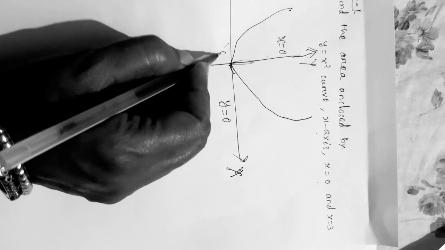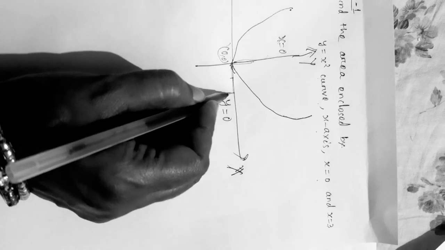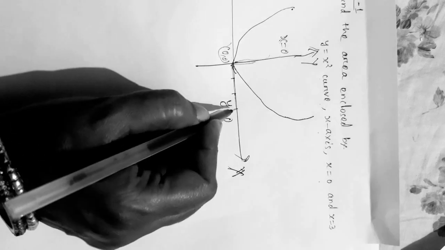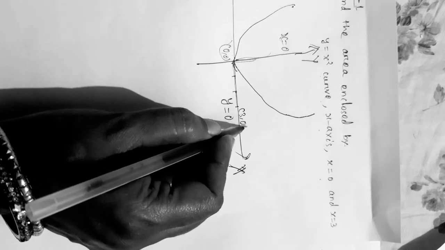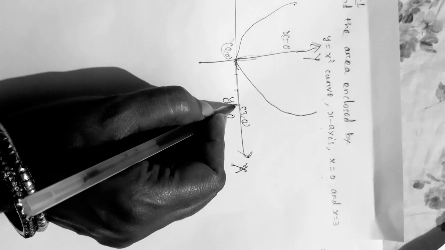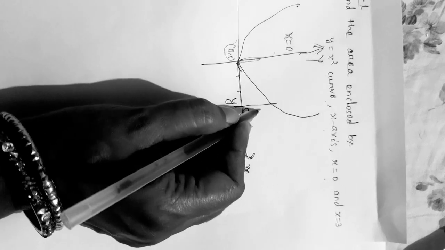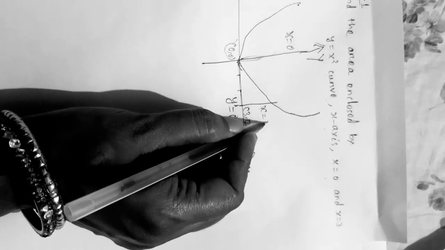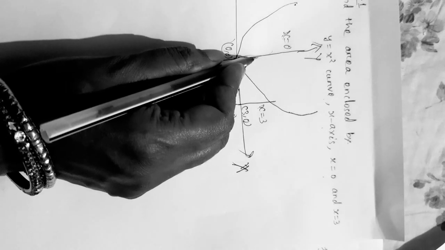This is your origin, whose coordinate is (0, 0). If this is 1 unit, this is 2 unit, this is 3 unit, then the coordinate of this point will be (3, 0), and the line through (3, 0) perpendicular to the x-axis is like this. The equation of this line is x equal to 3, and the equation of this line is x equal to 0.